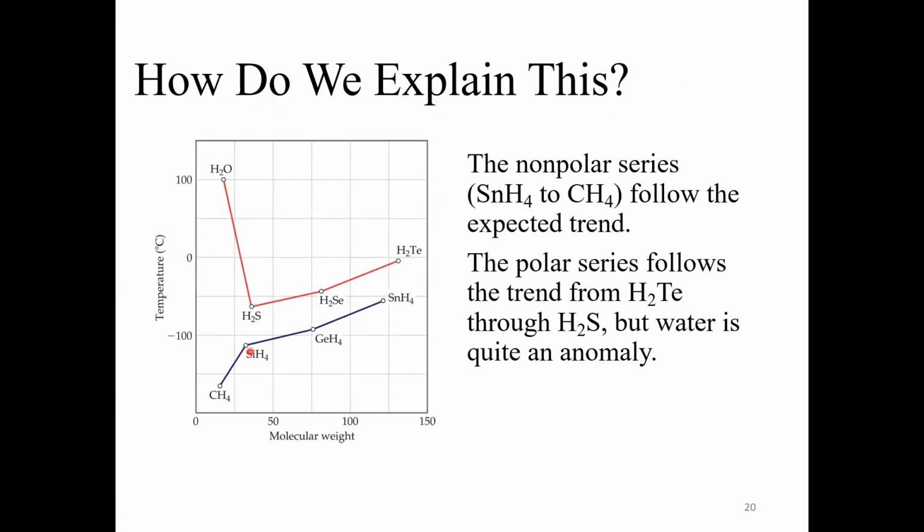And if we look at a couple of trends, we'll see as we go from methane to silicon tetrahydride, germanium tetrahydride, tin hydride, we've got an increase in the boiling point with an increase in the molecular weight. So we're essentially taking 4 hydrogens and then just moving down group 14 in terms of that central atom. So that central atom is increasing in size. We see the temperature increase as well with the boiling point.